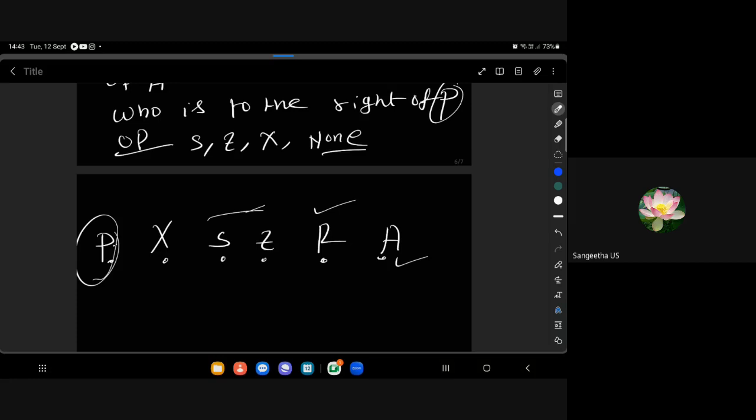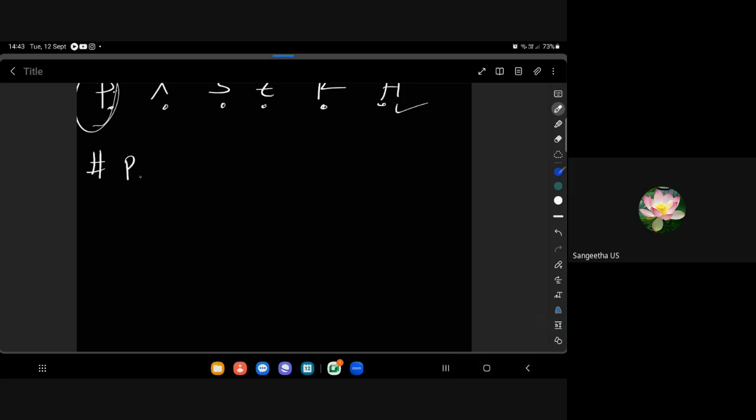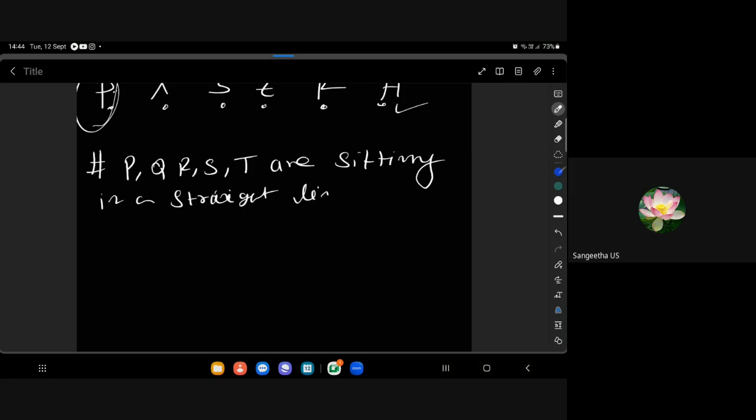Then another problem. Suppose P, Q, R, S, T are sitting in a straight line, in a row, facing north.